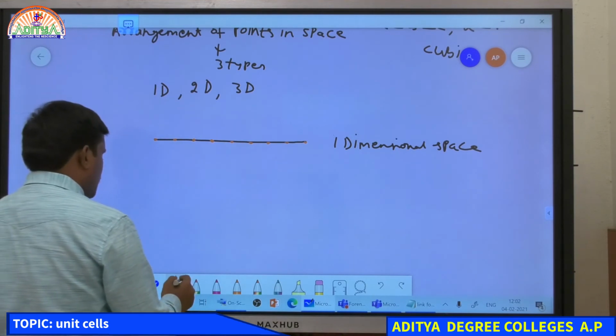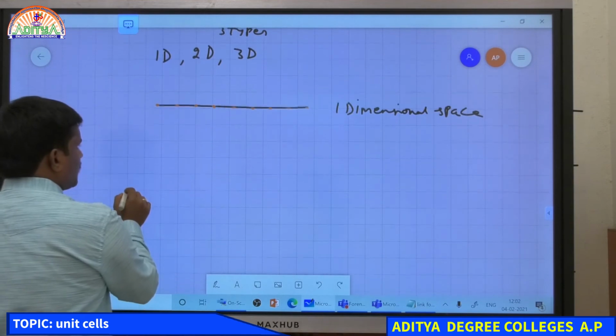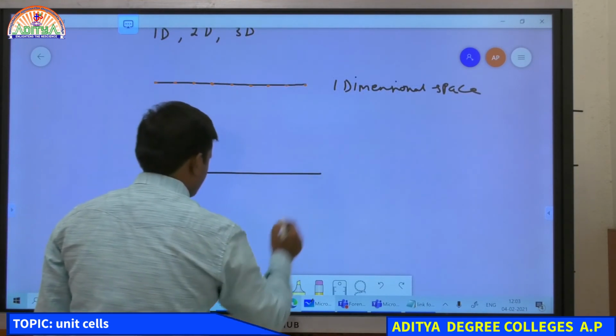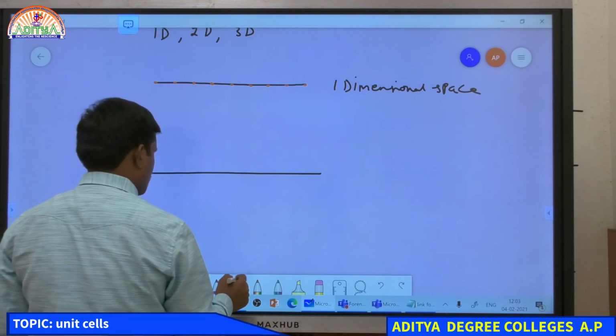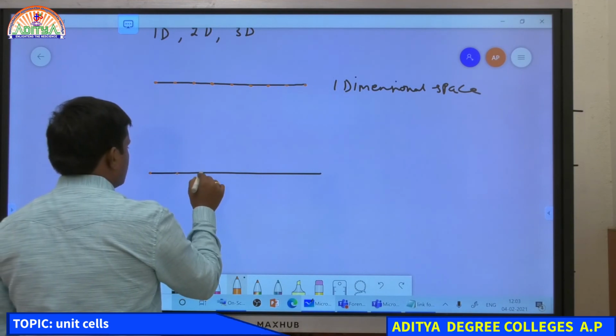Whereas if points are arranged in 2 directions, that is along x and y or any 2 directions, suppose these are the points.